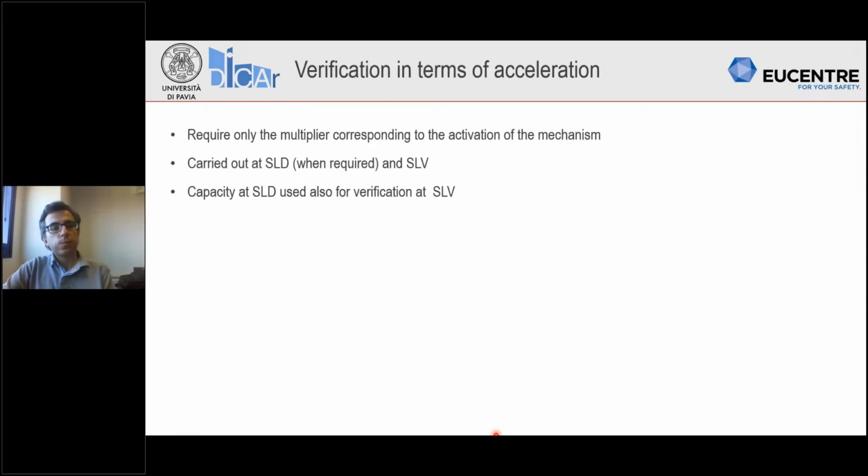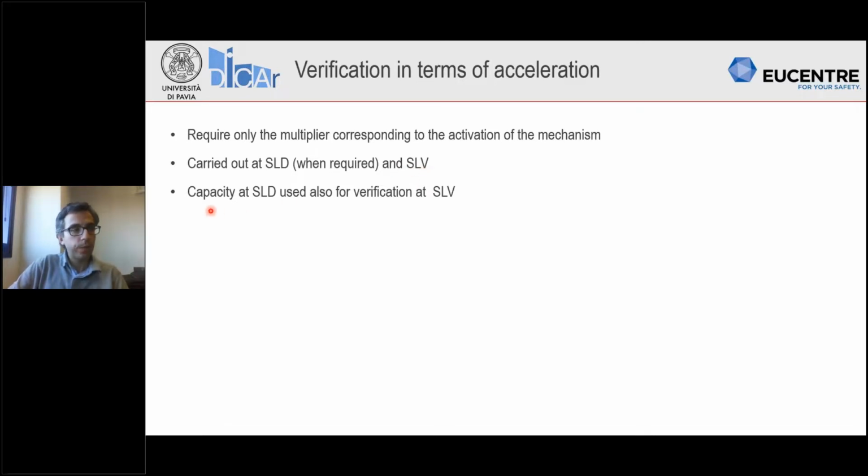Now, the last part of the assessment is the performance of the verification in terms of acceleration. In the linear analysis, you are required only the load multiplier corresponding to the activation of the mechanism. You can carry out the verification at both the damage limit state, if required, and the verification corresponding to the ultimate limit state, SLV.